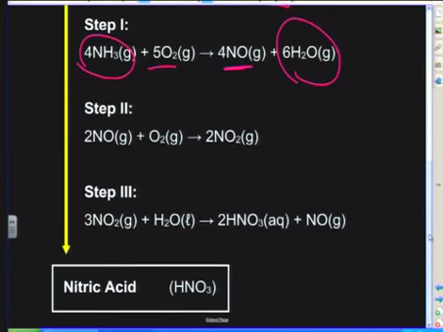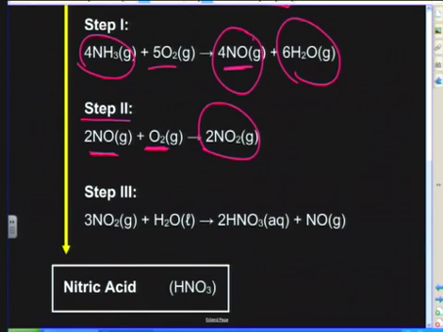In step 2, the gas produced in step 1, nitrogen monoxide or nitrous oxide if you like, is reacted with oxygen to give you nitrogen dioxide.